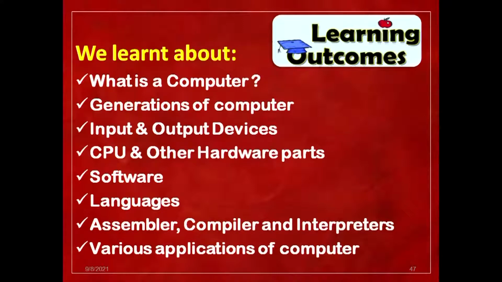In short, a computer is an electronic device which takes input from the user, processes the data or information, and after processing gives the desired output to the user. Next we discussed generations of computers. There are 5 different generations: first, second, third, fourth and fifth.